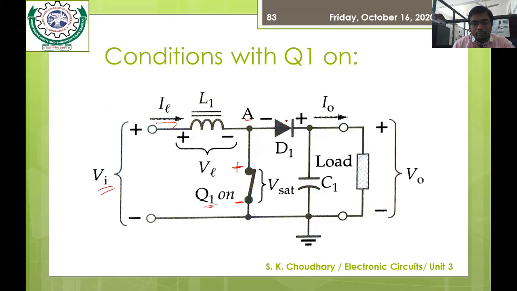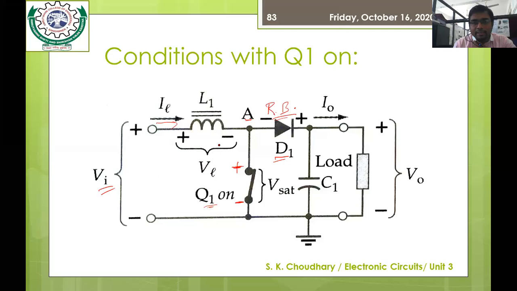This polarity makes the diode D1 reverse biased. We know that ideally, in forward bias it acts as an ideal switch, and in reverse bias it acts as an open switch. Practically a little leakage current flows, but that is negligible.